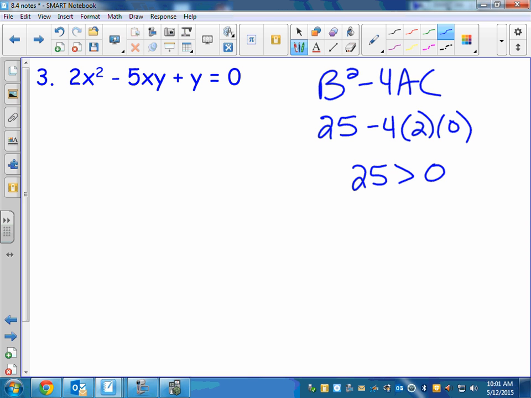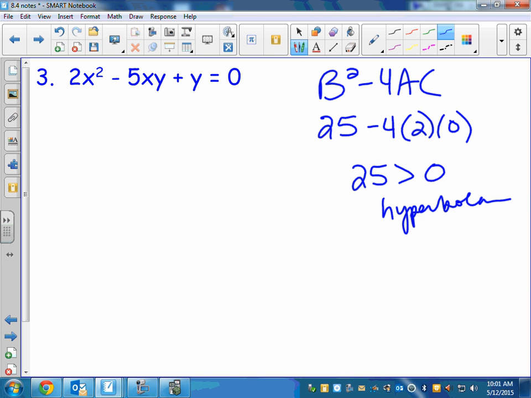And it's the only one we haven't done, which is a hyperbola. So we could do the quadratic formula again on this, but there is no squared term, right?